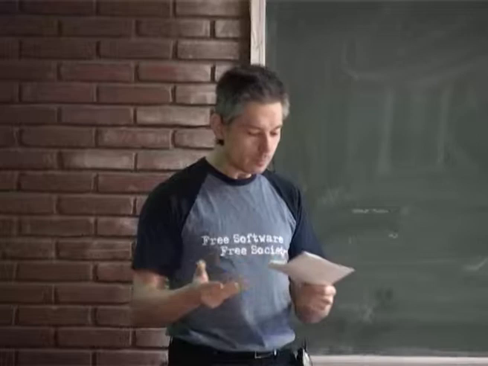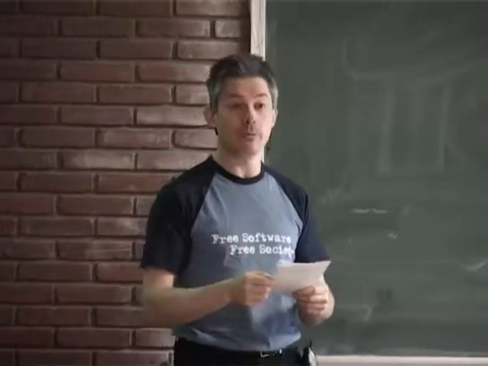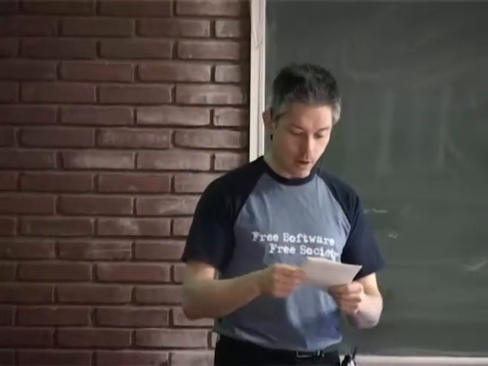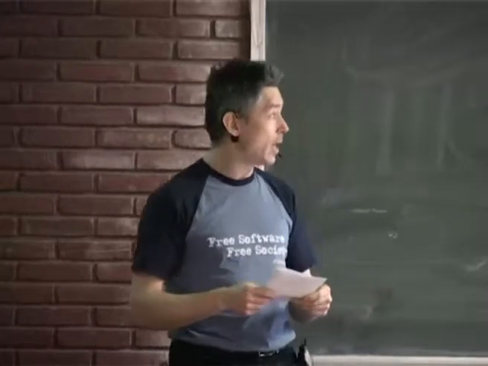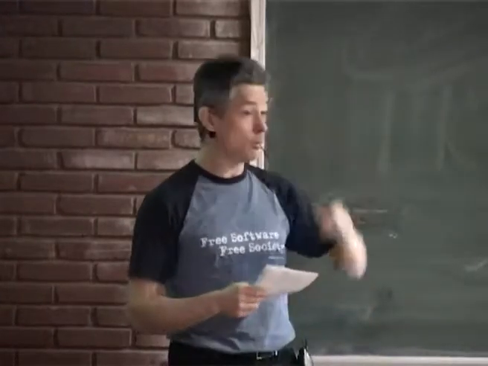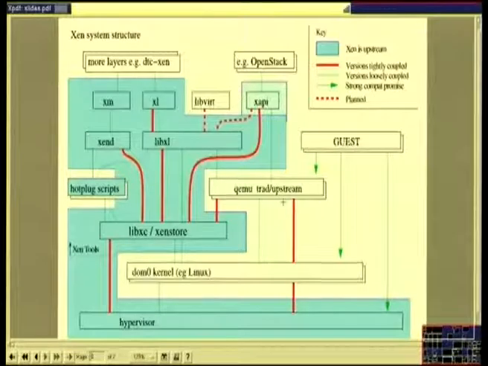But there's no other way to support those old guests. The price we're paying here is directly related to the support for old guests. And those old guests are often non-free software or in some other way very difficult to modify. So that's the price that has to be paid, unfortunately.